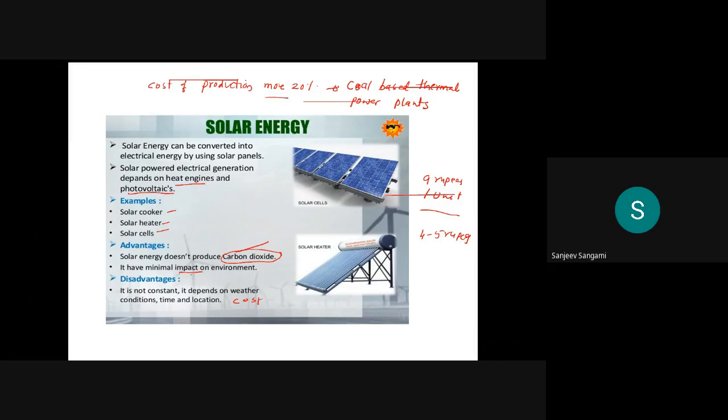As the carbon dioxide emission is very less, or you can call it 0% impact, it is very less. And the main disadvantage is that it is not constant. It depends on weather conditions, time, and location.